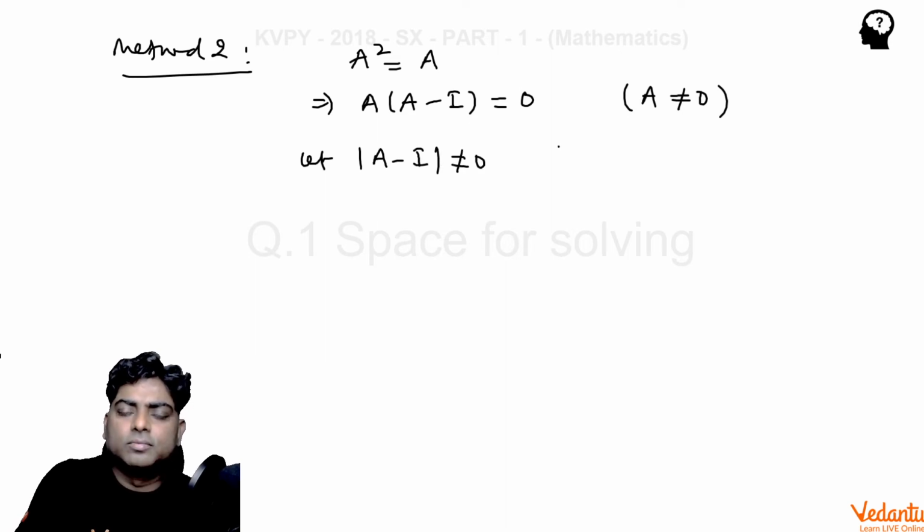Let's assume the determinant of A minus I is not 0, non-singular. Then what will happen? A minus I inverse will exist.